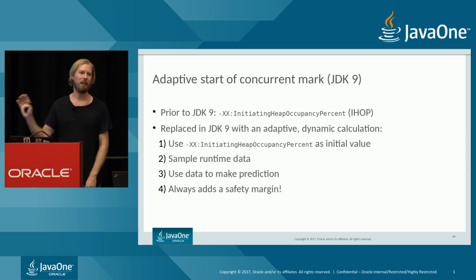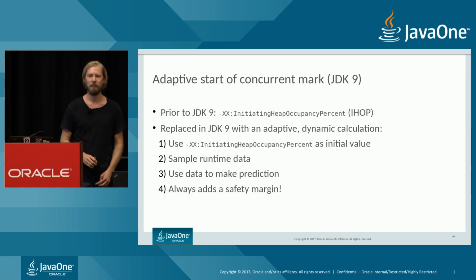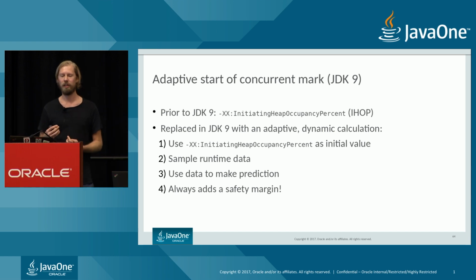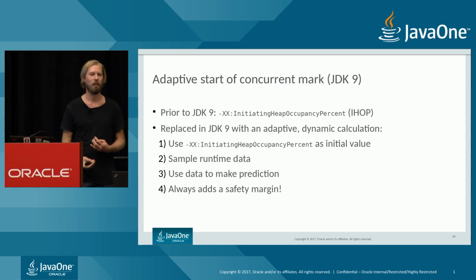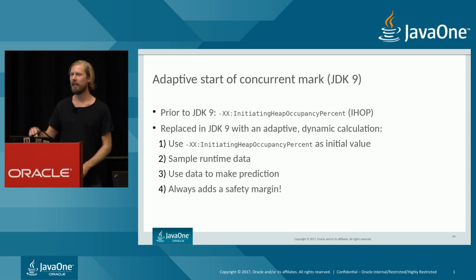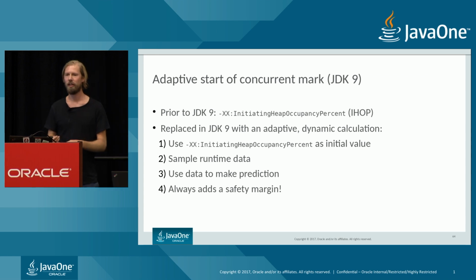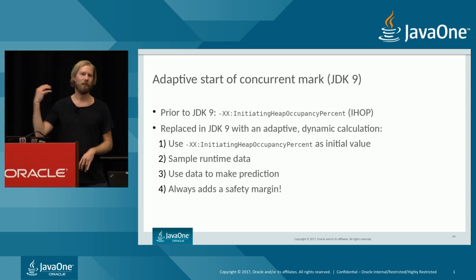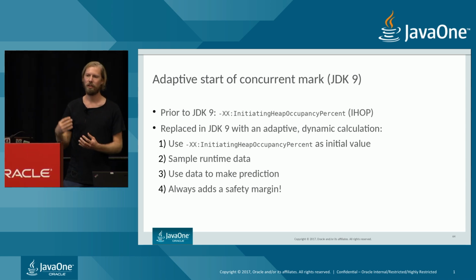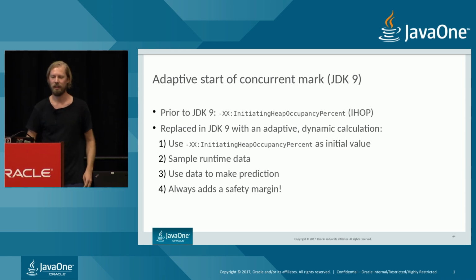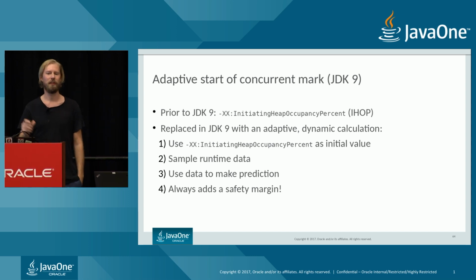So in 9, we replaced this with a much more adaptive dynamic calculation. For the first collections we use the value of this flag just as an initial value to the ergonomics engine, and then we sample runtime data and see how your application's allocation performs and how much data you allocate, and then we can use those samples and the feedback from previous concurrent mark cycles to determine when to start off the next one. And of course, we always add a safety margin because we really want to finish in time.